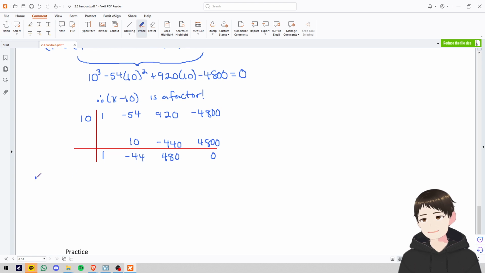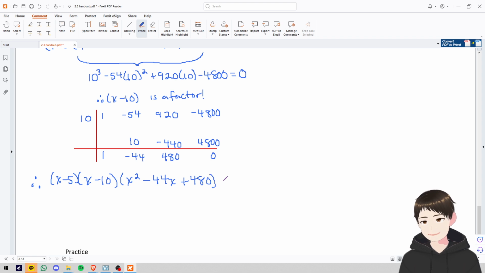Yay. Therefore, x minus 5, x minus 10, x squared minus 44x plus 480 will equal a 0. And I'm hoping that I can factor this in my head. Two numbers that multiply to 480 but give you that. 48 times 10, no.